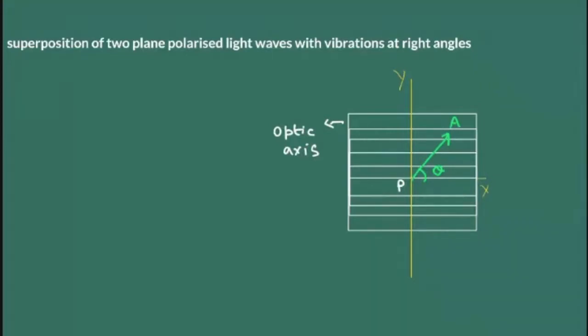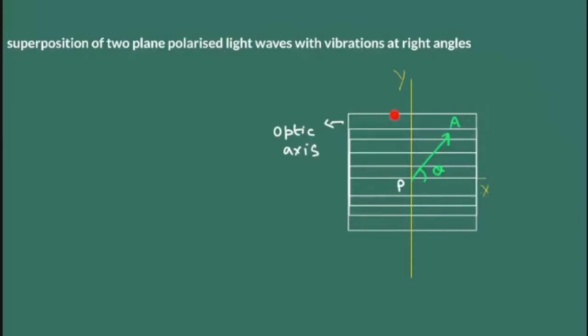The light incident before the crystal would be unpolarized, but for simplicity, let us consider that this is a plane polarized monochromatic light which is incident normally on this crystal, such that the optic axis is cut parallel to its face.